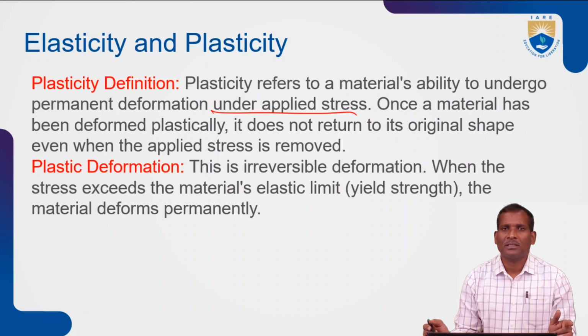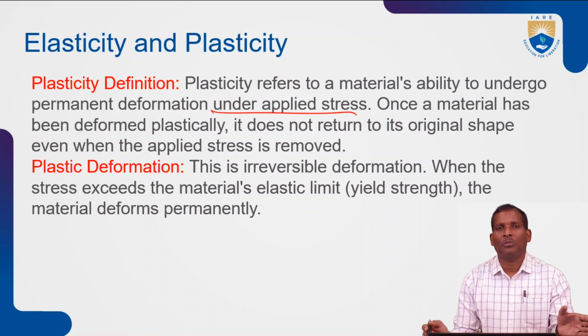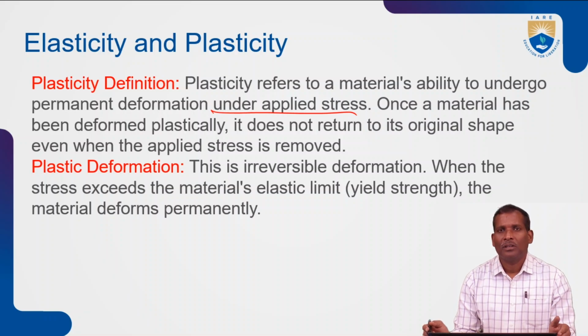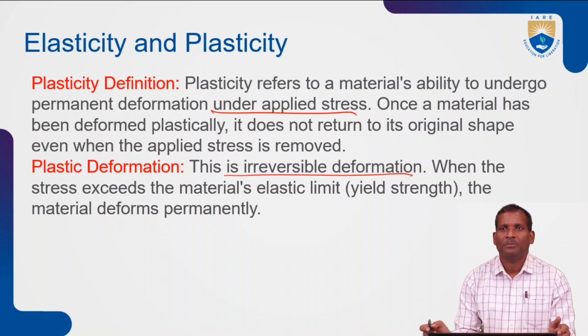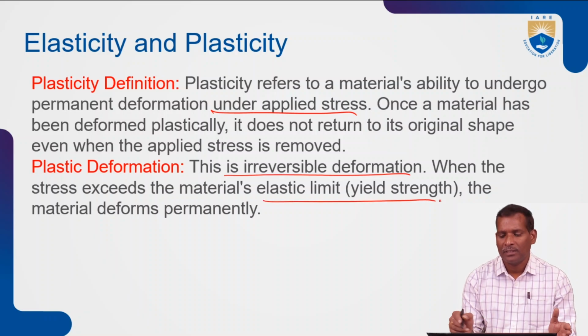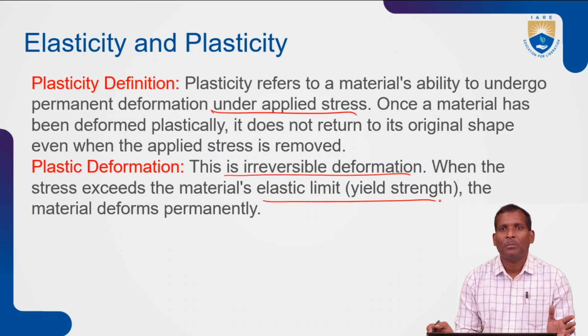But in plasticity, the material has been deformed plastically, so whatever deformation occurred becomes a permanent shape. It does not go back. This is irreversible deformation. When the stress exceeds the material's elastic limit, that is the yield strength, the material deforms permanently. This is called plastic deformation.